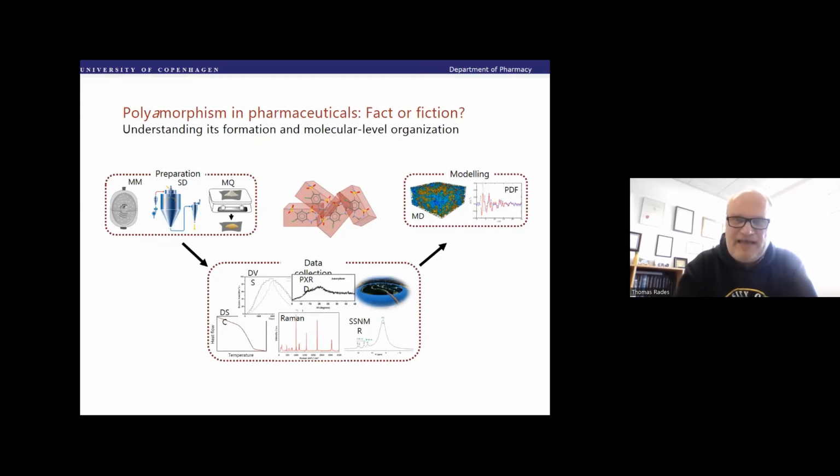And with that information, we can then go into molecular modeling, and then we can determine, for example, pair distribution functions that we can calculate from molecular dynamic simulations of the amorphous material, compare them to reality, and then we can find out if there are indeed structural differences between these different polymorphic forms. So it's a mishmash of back and forth of preparation, experimental techniques, and then modeling.